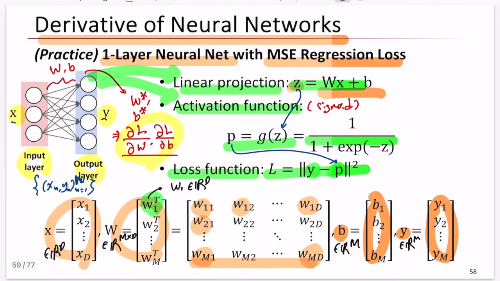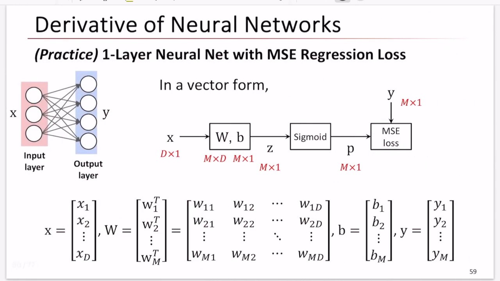In this setting, it can be represented like this. First of all, X is here. W transpose is a linear transform, or linear projection layer, and then a sigmoid layer, and after that the MSE loss layer, right?